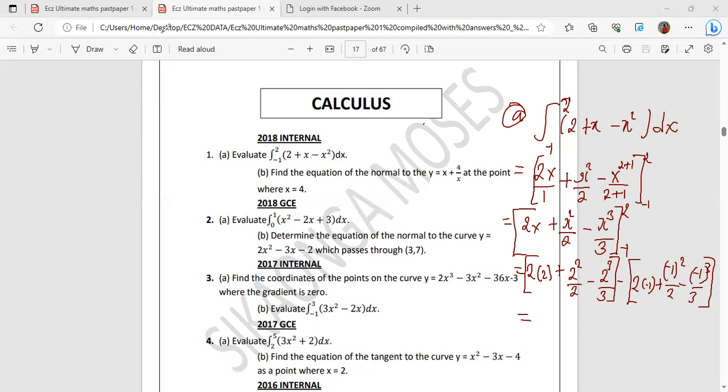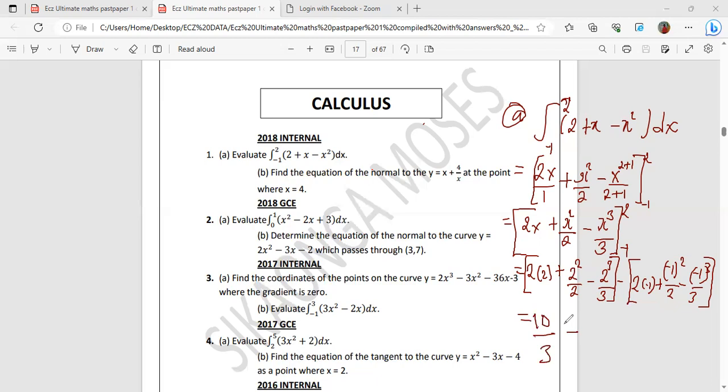So on this side, for the value of 2, we simply have 10 over 3, everything minus. So we are going to have negative 2 plus half, everything minus 1 over 3.